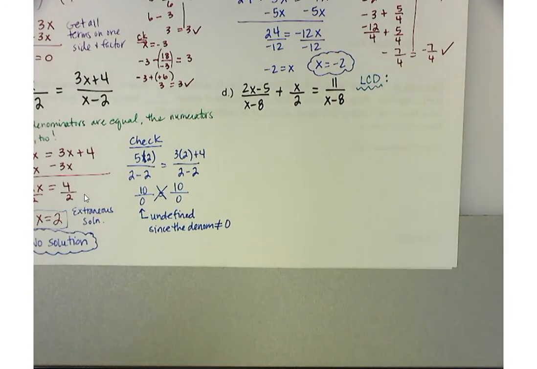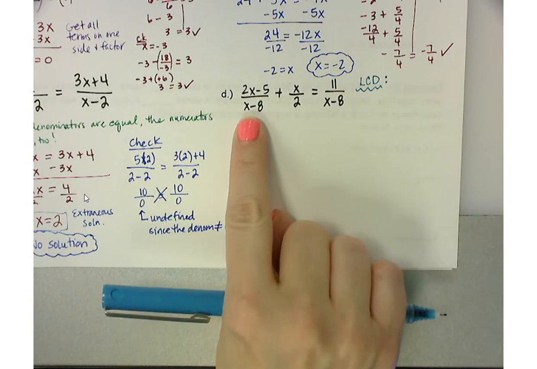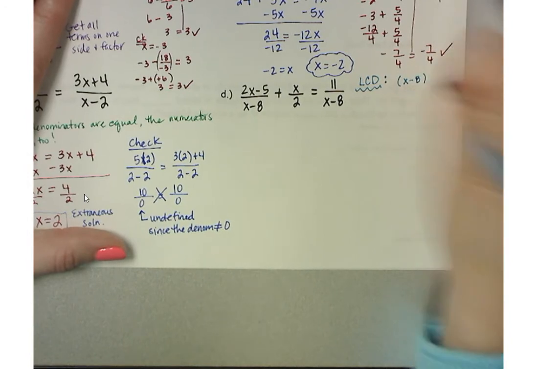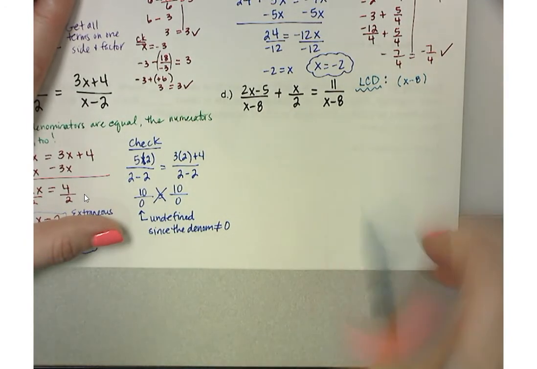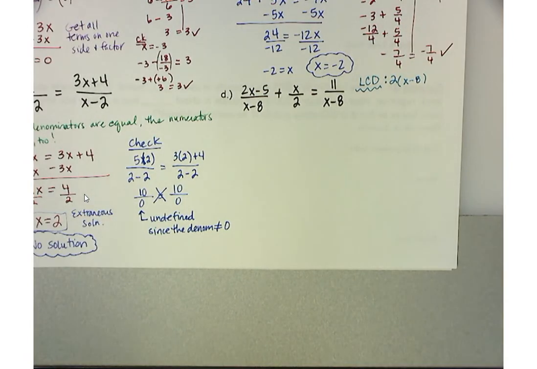It's easier to think of them as your factors, though. Okay, now, instead of multiplying the top and the bottom of this by 2, and the top and the bottom of this by x minus 8, and the top and the bottom of this by 2, I multiply each side by the LCD so that they cancel out.